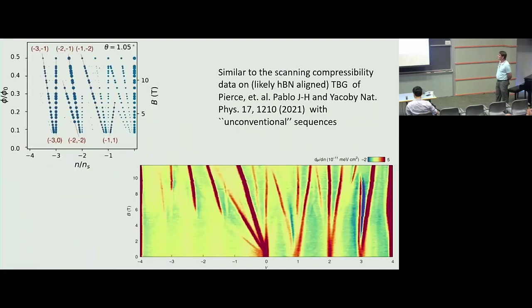Now, as I said, this doesn't look like most of the experiments, although it is similar to the scanning compressibility data in a likely hBN aligned twisted bilayer graphene from Pablo and Amir Yacoby's collaboration, particularly on the electron side. And so perhaps when the narrow bands are actually isolated from each other due to this alignment, some of this physics actually persists down here.